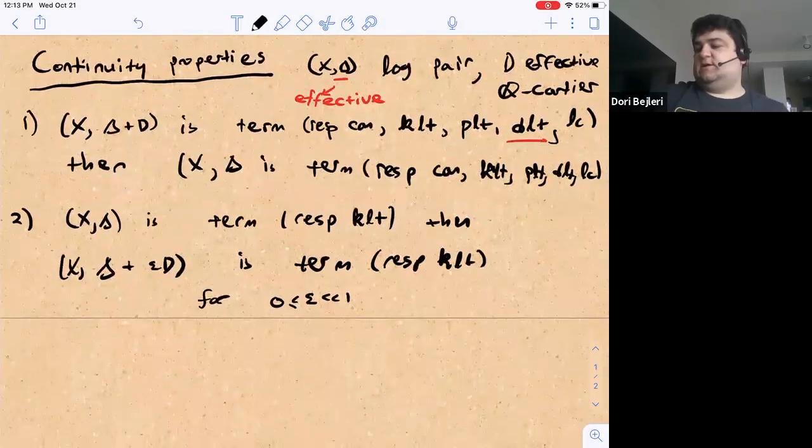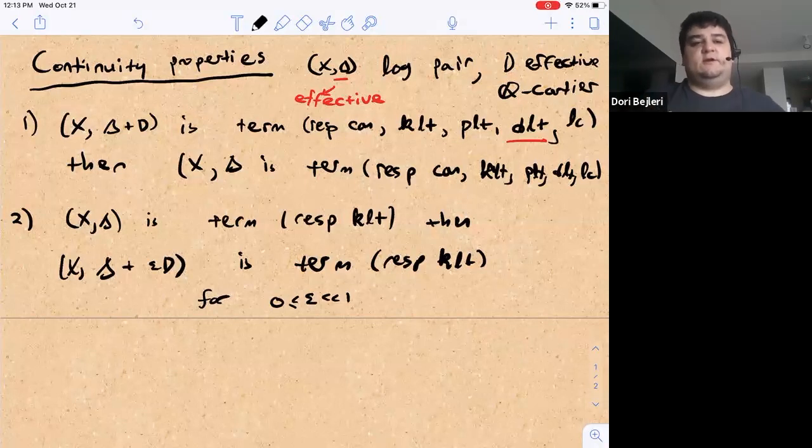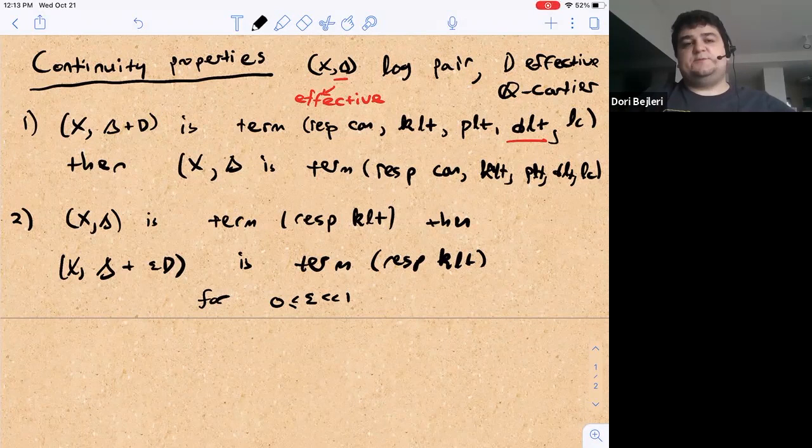And so this is one of the nice things about KLT, that it's really an open condition: you can perturb your divisor by some small ε and you still lie within KLT.